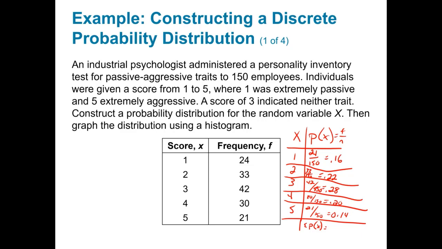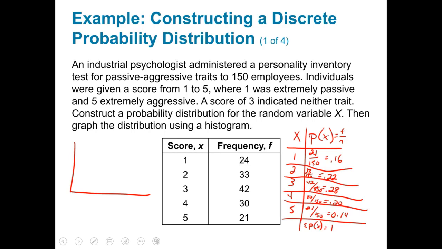You get 1, right? Better be 1 or very close to 1, right? Just like relative frequencies when you're adding them up, because it is relative frequencies, we're just calling it something different. So it better add up to 1 or very close to 1 if you're using the decimals, right? If it rounds close to 1, so something like 0.998 or 1.001, that's fine as long as it's close enough to 1. All right. How would we do the histogram now?